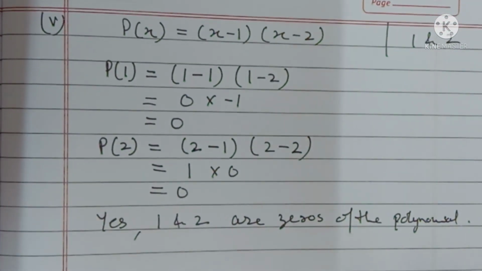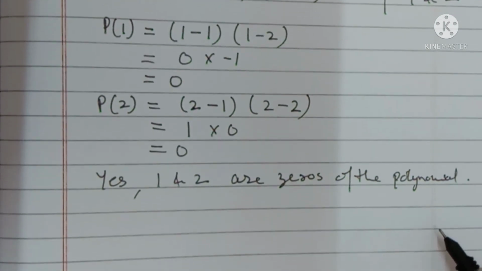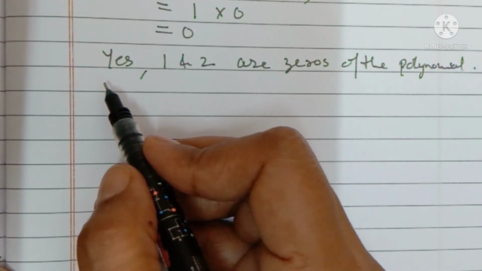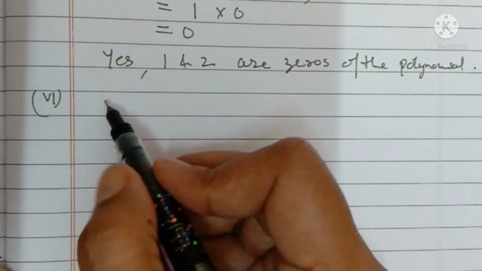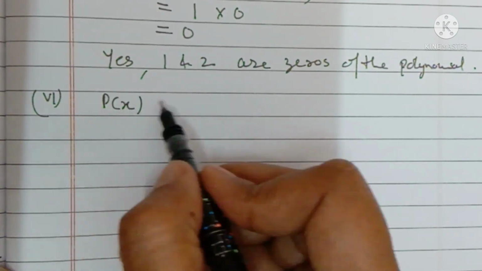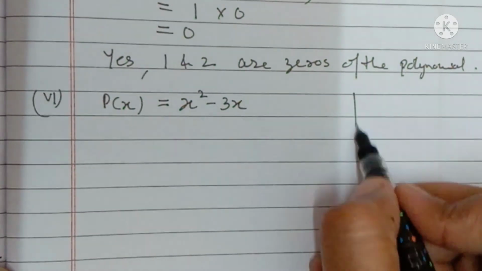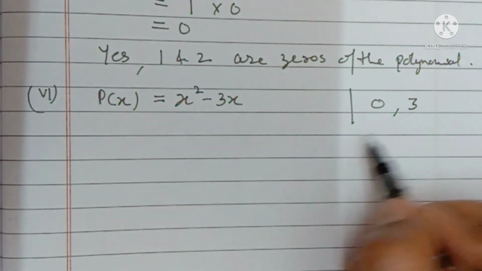Now the next part is 0 and 3 are the zeros of the polynomial. Next is the sixth part. p(x) = x square minus 3x, and we have to check the values 0 and 3.